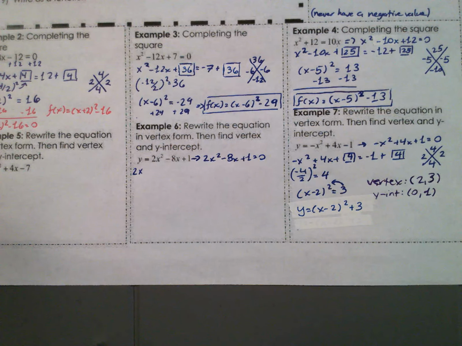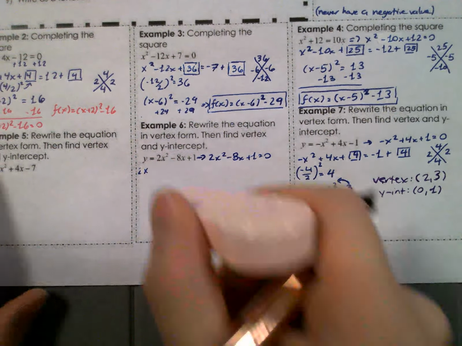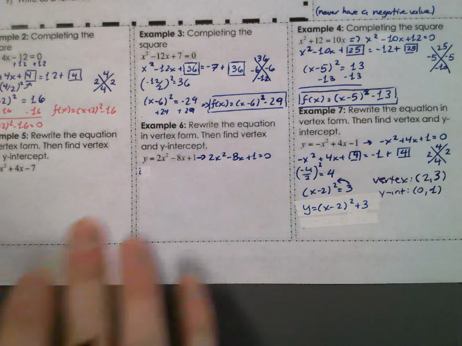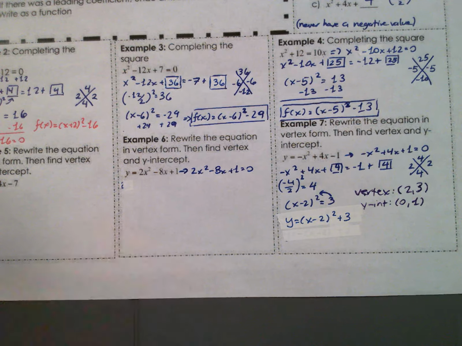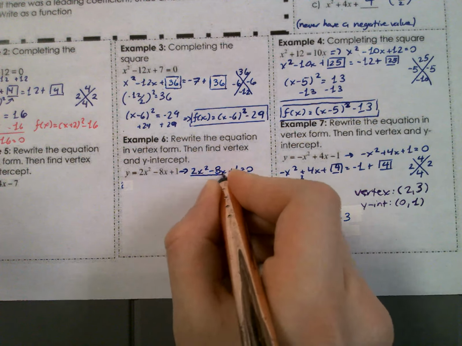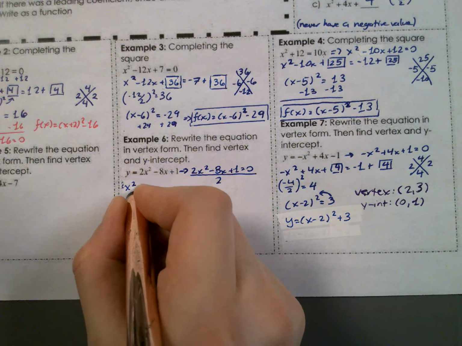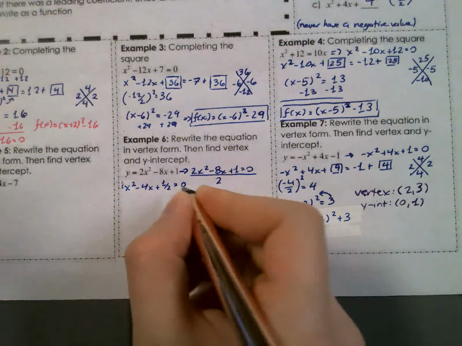Remember the step for number 2? If the coefficient is greater than 1, guess what we do? Divide the whole thing by that term. So you're going to divide the whole thing by 2. And I get x squared minus 4x plus 1/2 equals 0.